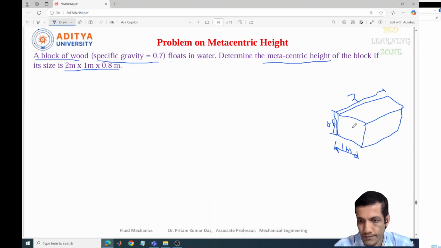Now this is floating on the water, so let's draw the water surface and the object placed here.